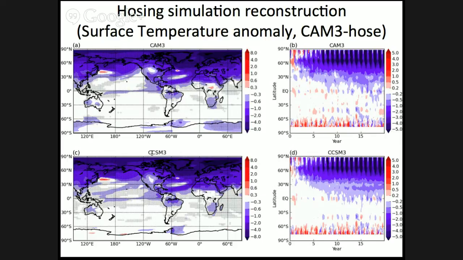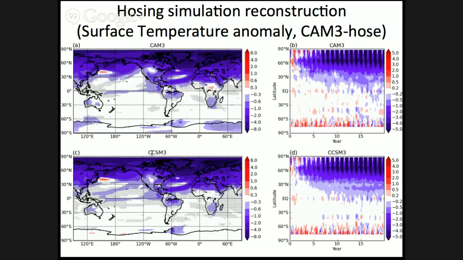You see that if you compare the two, the patterns are basically the same, with the broad cooling over the northern hemisphere, and much detail like the cooling over the subtropical North Atlantic and the warming spot area.